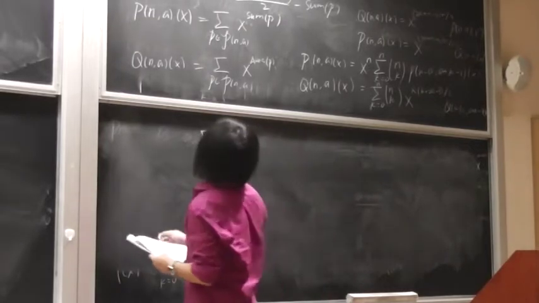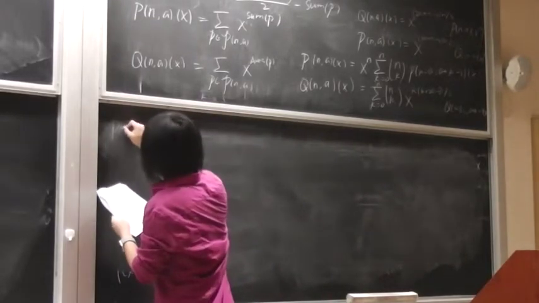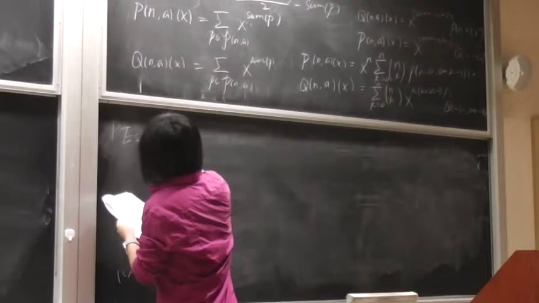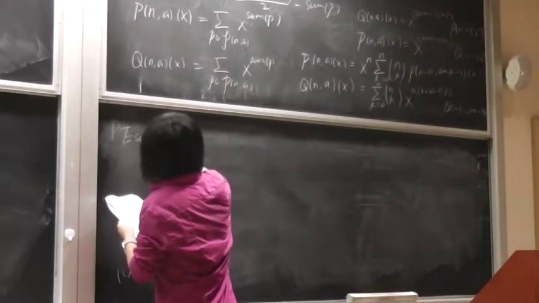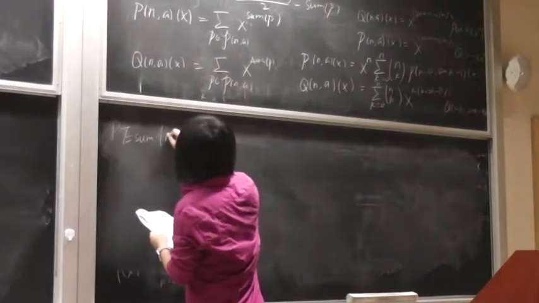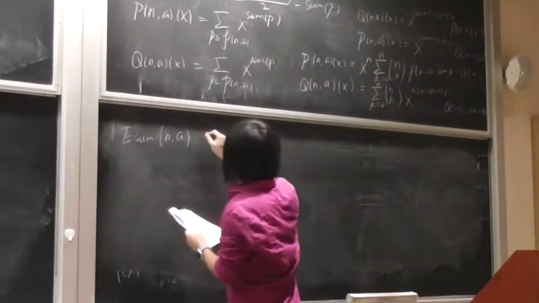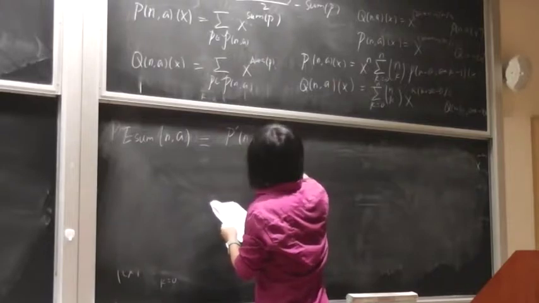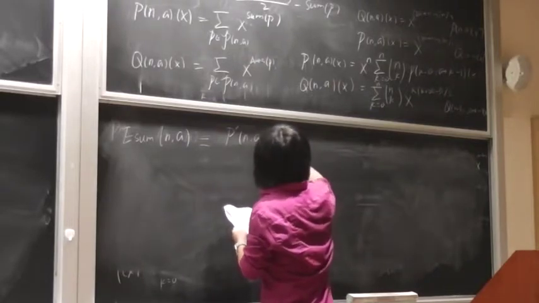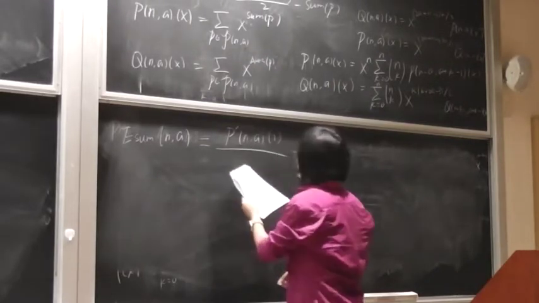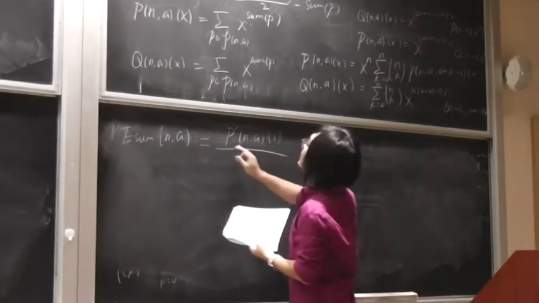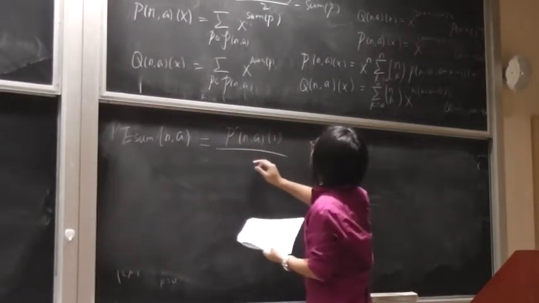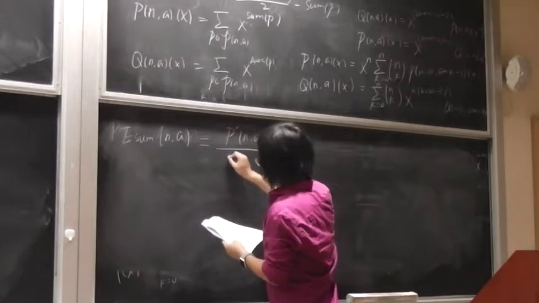So now we have considered the expectation of the sum for a parking function of length n. For the numerator, we take the derivative of the polynomial P_n(x), then let x be 1.